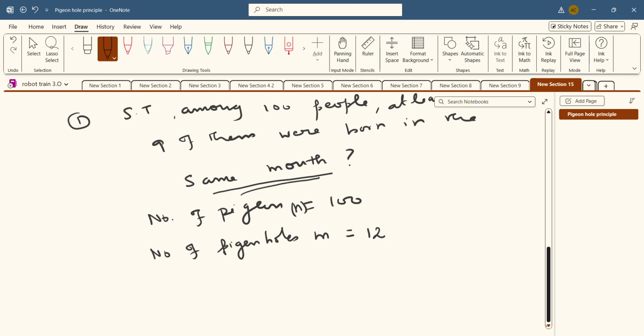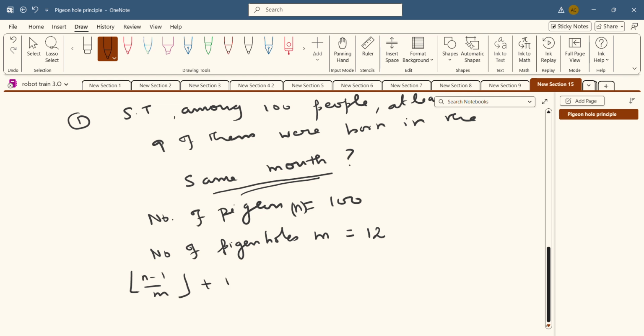According to the pigeonhole principle, I can apply the formula. The generalized pigeonhole principle states that if n pigeons are accommodated in m pigeonholes and n is greater than m, then at least one pigeonhole must contain floor of (n minus 1) divided by m, plus 1 pigeons.